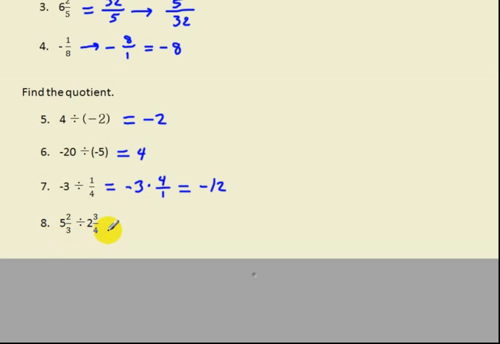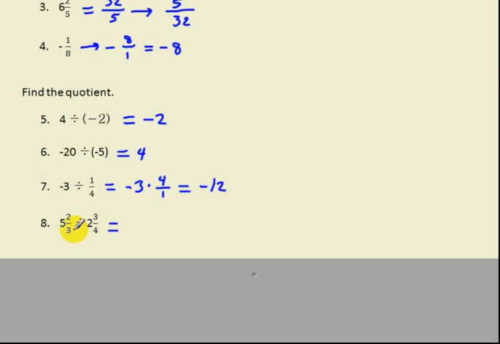Alright, number 8. So here we have 2 mixed numbers. We want to go ahead and convert those to improper fractions. The good sign in this case is that we have positive and positive, so our answer is positive. We don't have to deal with any negatives.